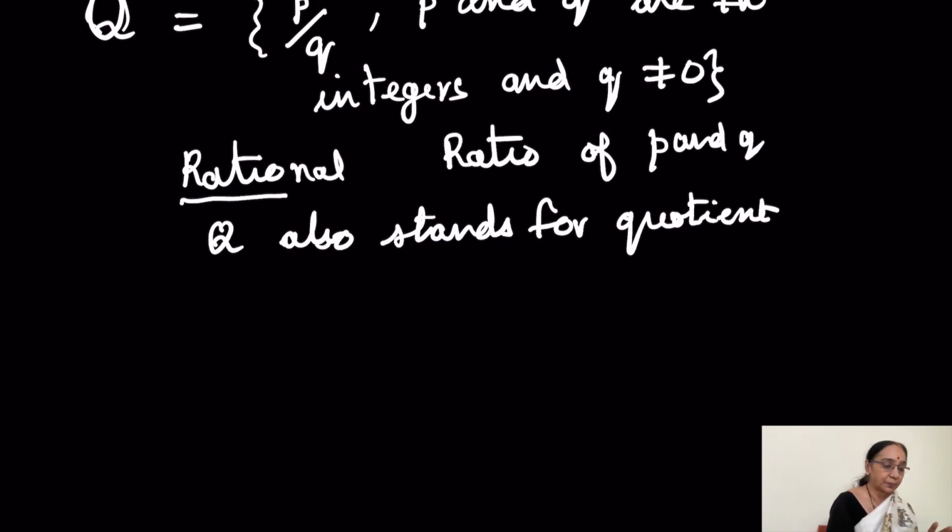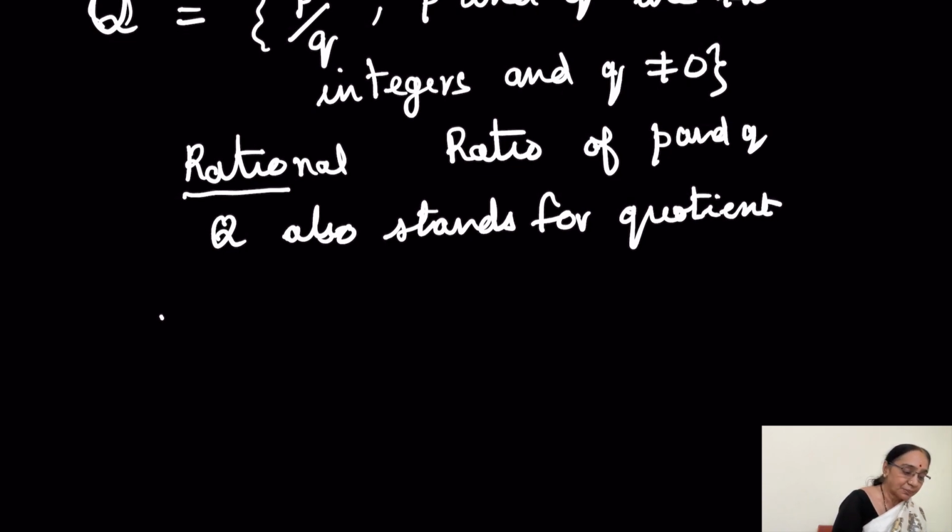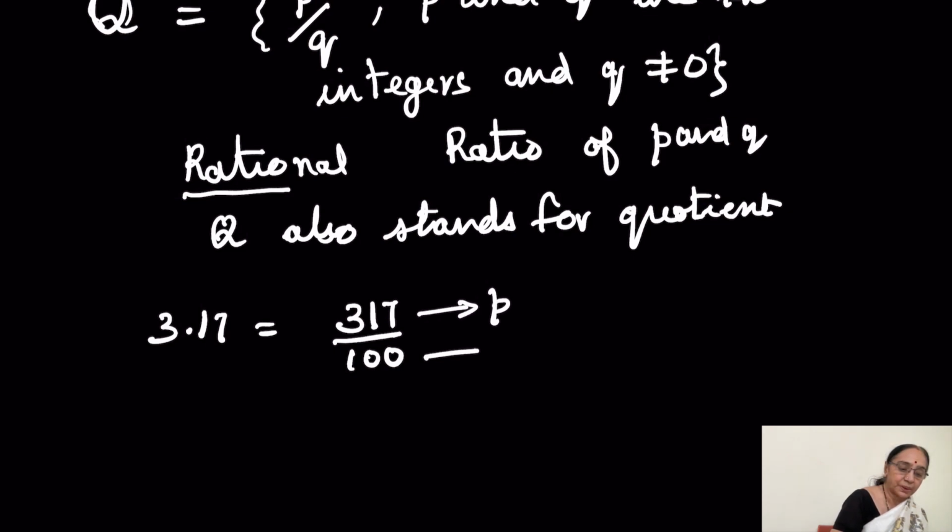Some more about rational numbers: every rational number can be expressed as a decimal, either a terminating decimal or a repeating decimal. If you have a decimal, say 3.17, it can be written as the fraction 317 divided by 100, where 317 is your P and 100 is your Q. So 3.17 is a rational number.